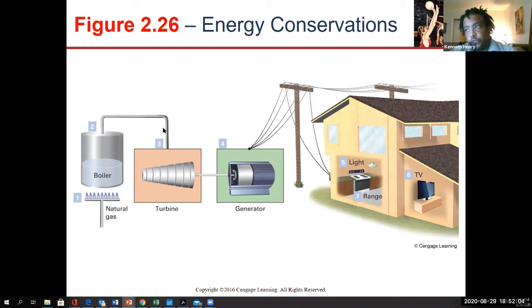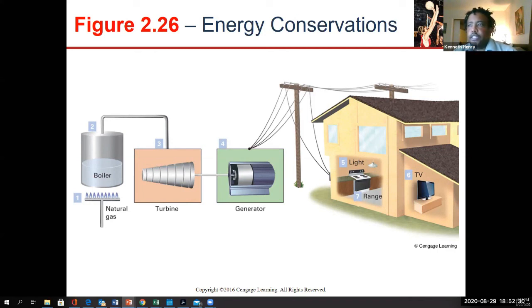Steam goes through this channel and turns the turbine. The turbine turns the generator. The generator generates electrical energy. The electrical energy then lights up your TV, your range, and your lights, right? So we went from chemical energy, which was converted into heat.